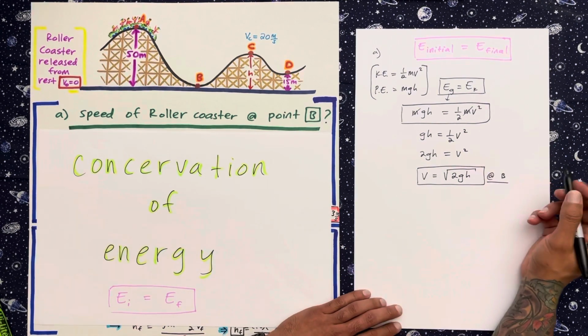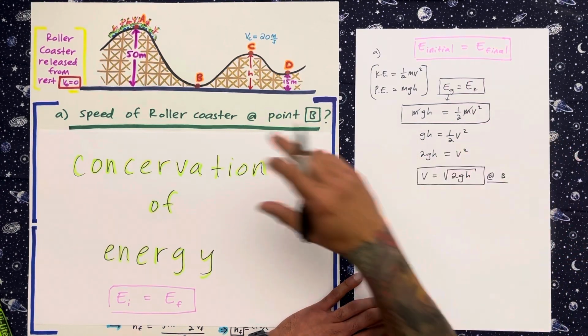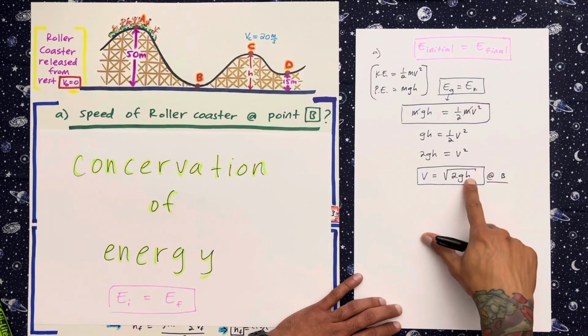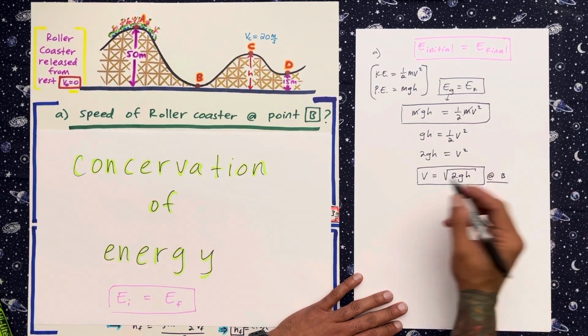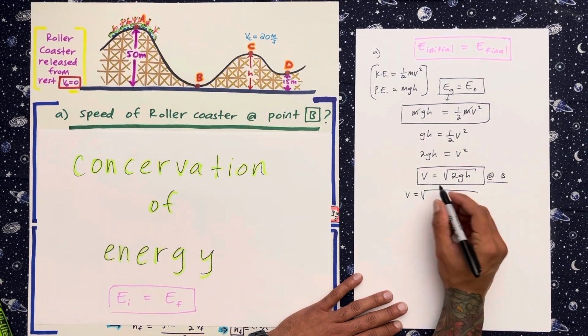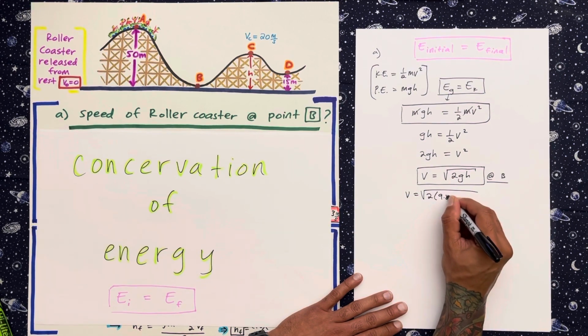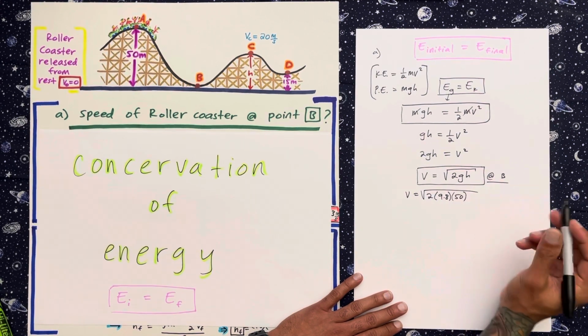Okay, so let's put in the numbers. All right, initially we were given the height, which is what we need. We know g is gravity, so we know that velocity is equal to the square root of 2 times 9.8 times the height, which is 50.